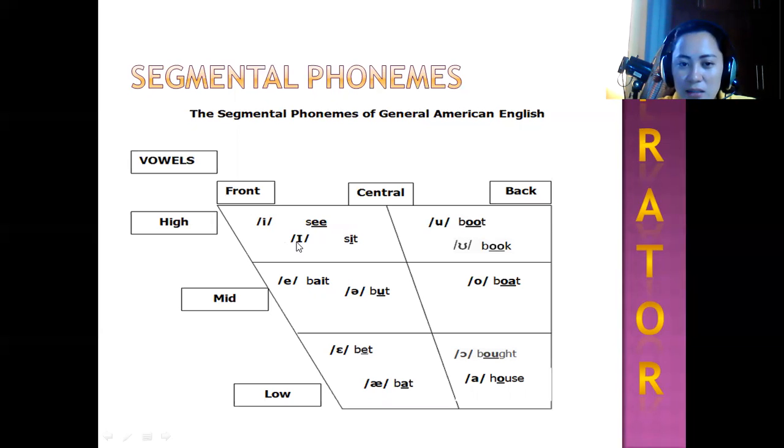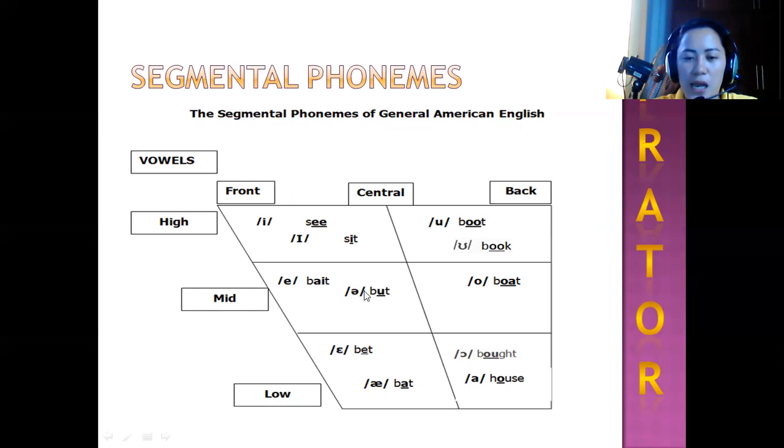And this one is called the short I, like in the word sit. We also have here the long A, like in the word bait. It's quite confusing because we will be confused by the American alphabet and the phonetic alphabet. So do not be confused.